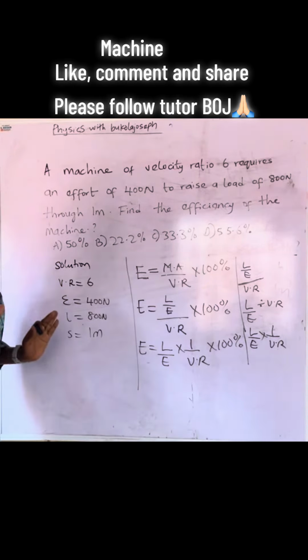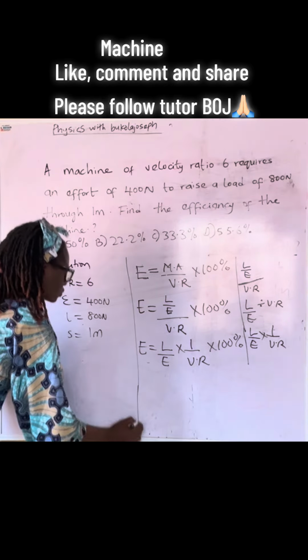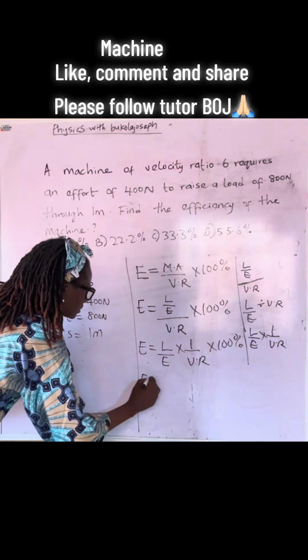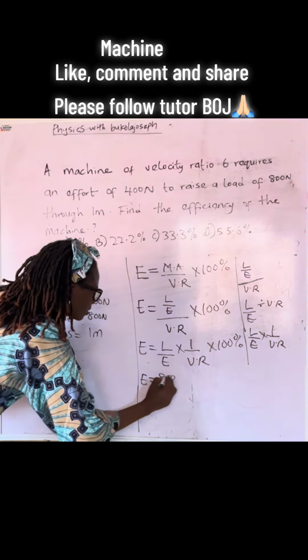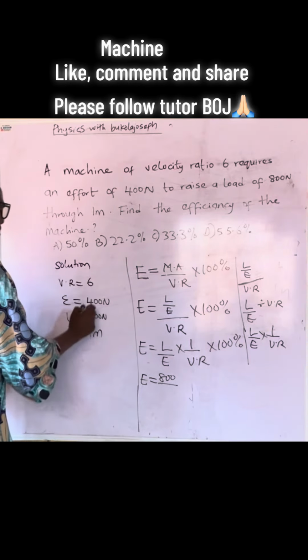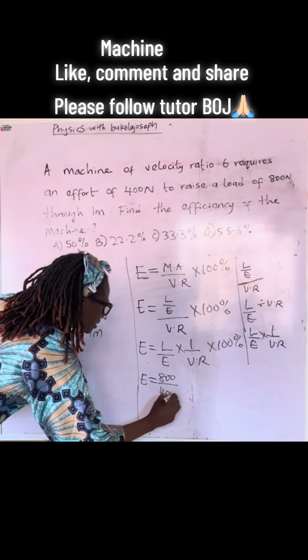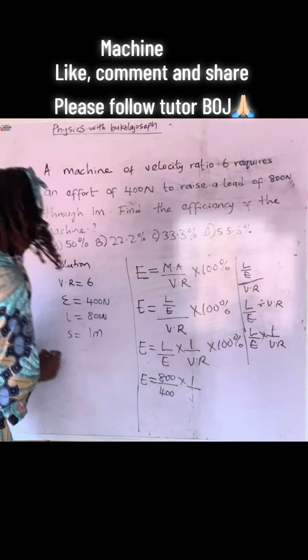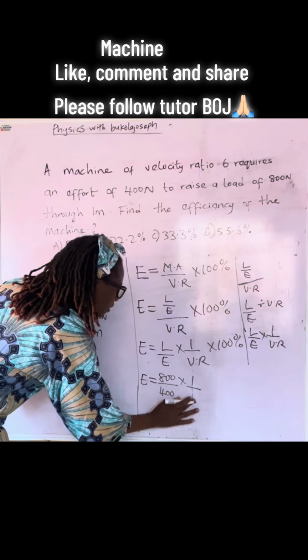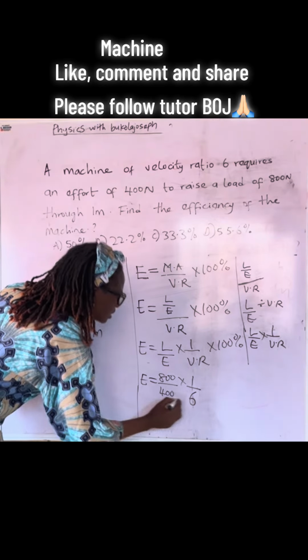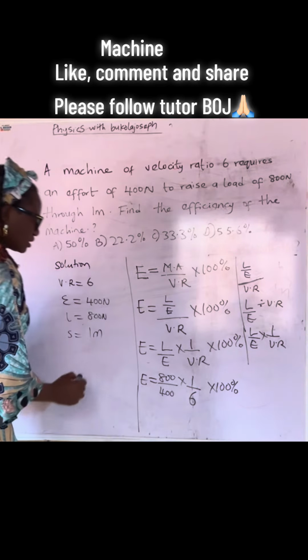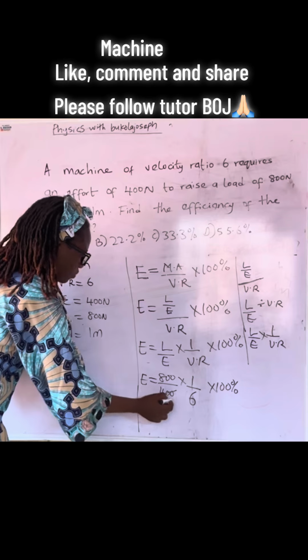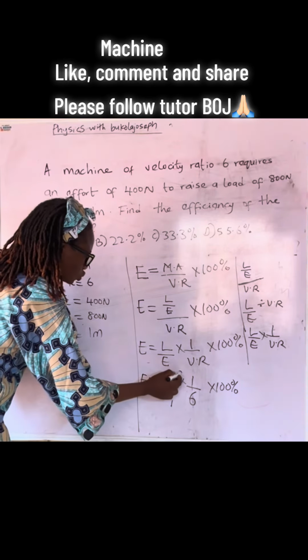Now we can substitute. So we have E is equal to, what is L? L is 800 all over E, given as 400, times 1 all over velocity ratio, which is 6. So we have 1 over 6 times 100%. 400 here 1, 400 here 2.